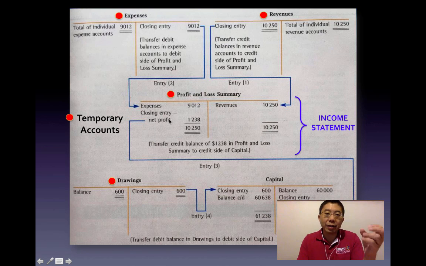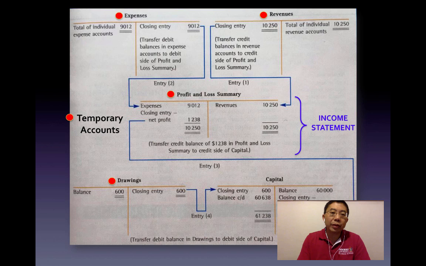So how do we do that? We debit the P&L, we put an entry into the debit side to take out that balance and put it into the capital account. Then the P&L summary would disappear, the expenses accounts would disappear, and the revenue account will be cleared off. All right.